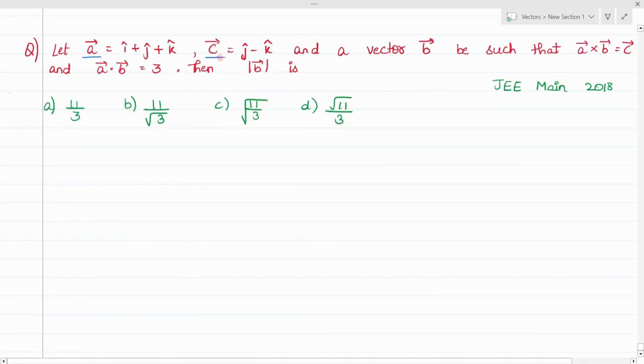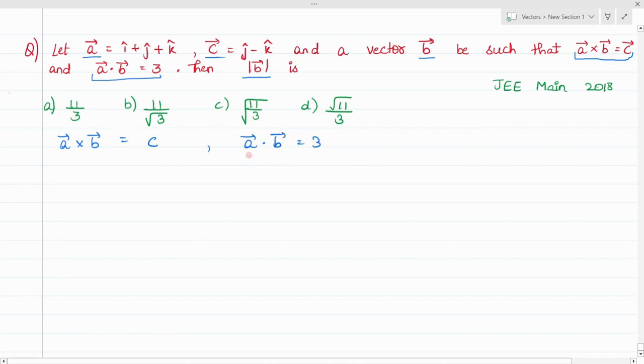A and C vectors are given and vector B be such that A cross B is equal to C and A dot B value is given. We need to find the magnitude of B vector. So what's the condition given? That is A cross B is equal to C and A dot B is given as 3.